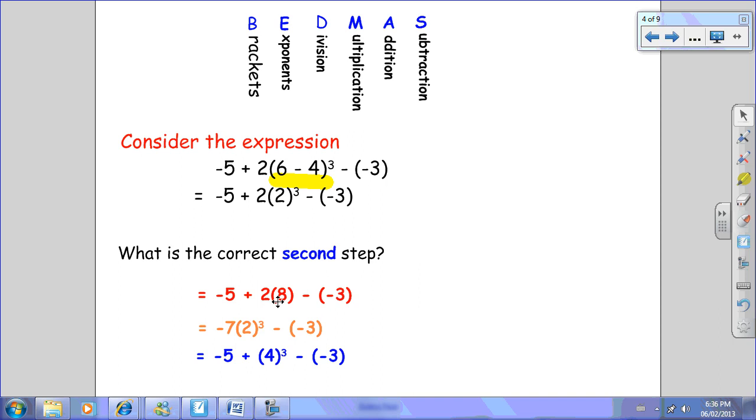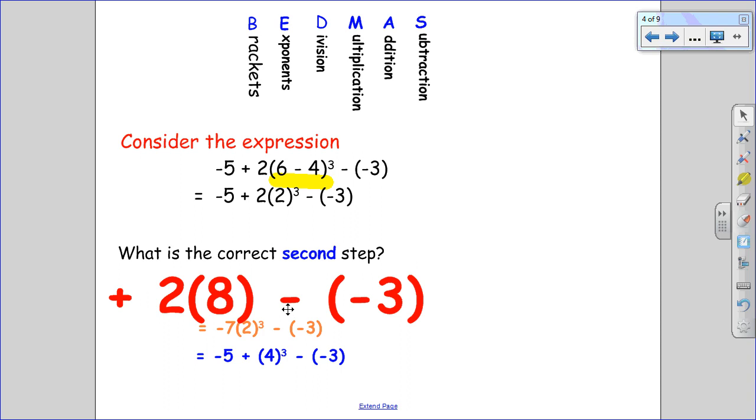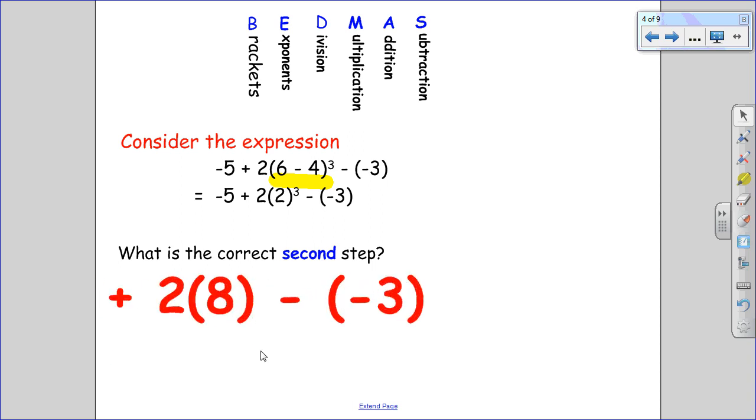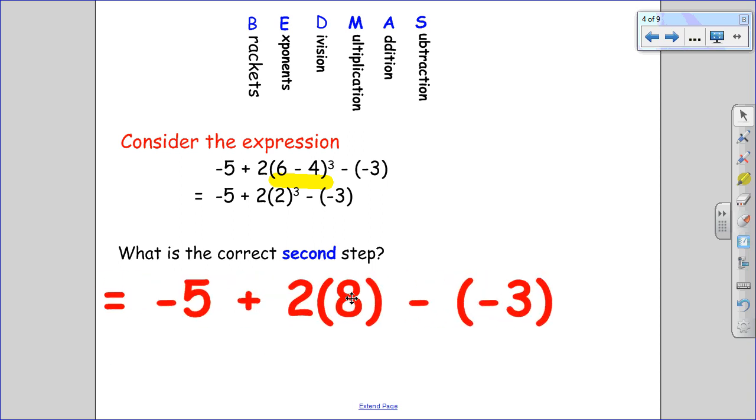This one doesn't have exponents, so my guess would be that this is probably the right answer. This one here is still got that 2 cubed in it. It's got to go. This one multiplied the 2 twos together, but we can't multiply until we get rid of the exponent. So it's got to go. So that is, in fact, our correct answer.